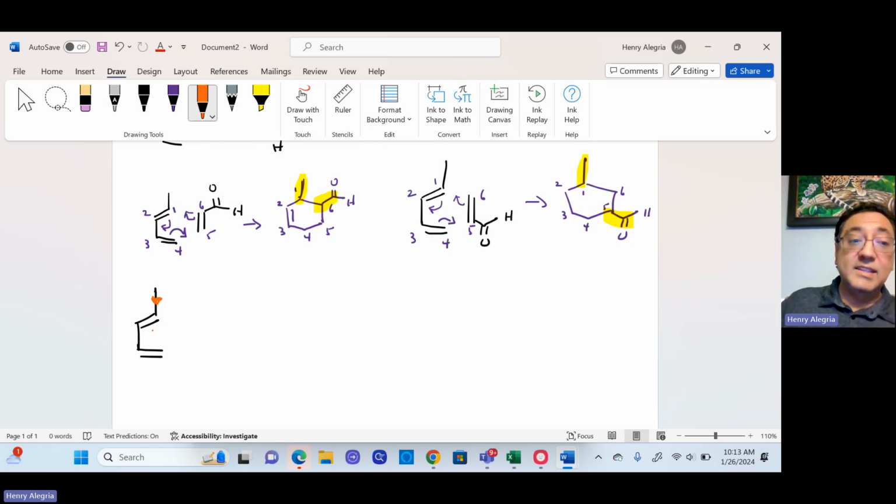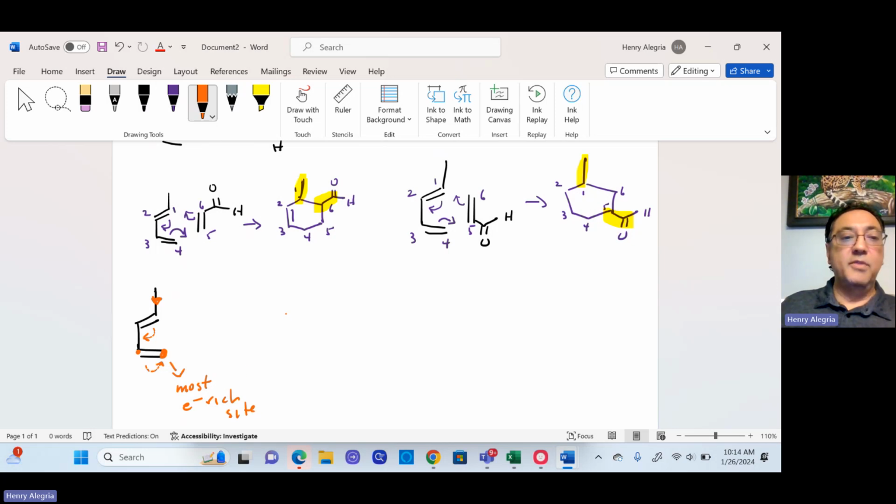That is solved, in essence, by these electrons moving over like that. And so as not to violate the octet here, these electrons have to move over like that. So ultimately, where does the high concentration of electron density end up? The answer is here. So this is your most electron-rich site on the diene.